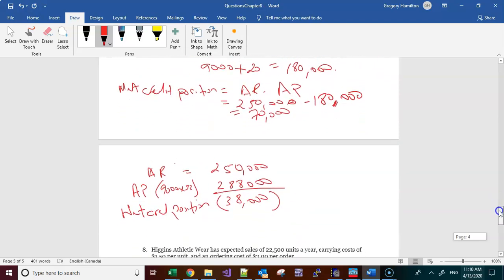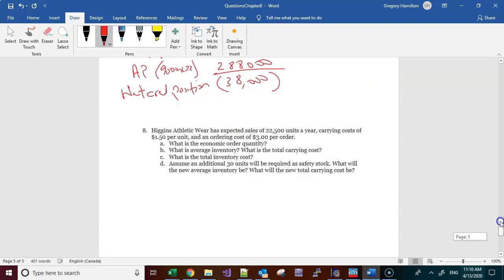So I'm including a question on calculating reorder period for inventory. It says Higgins Athletic Wear has expected sales of 22,500 units a year, carrying costs of $1.50 per unit and ordering cost of $3 per unit. So what is the economic order quantity?